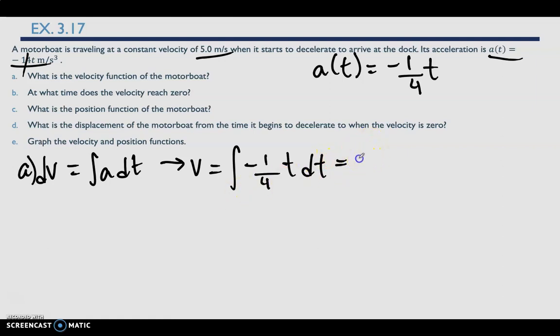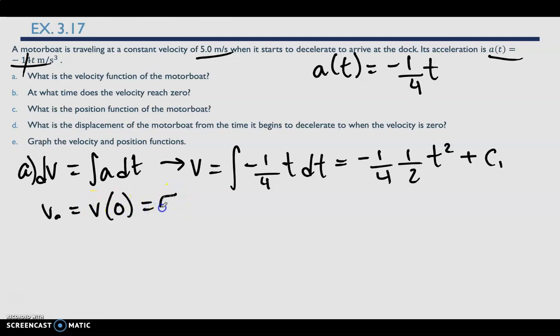So we get negative 1/4 times 1/2 times t squared plus a constant. Now remember that our velocity in the beginning of the problem, v naught, is the same as v of 0, is 5 meters per second.